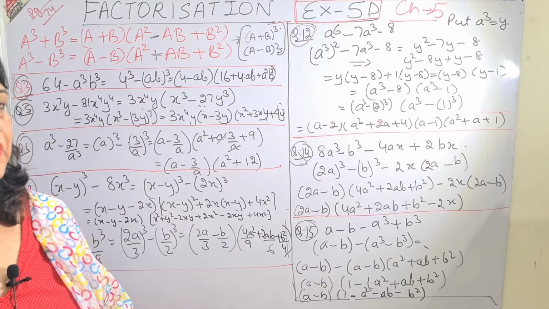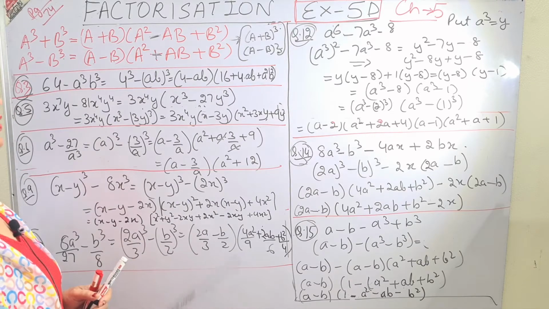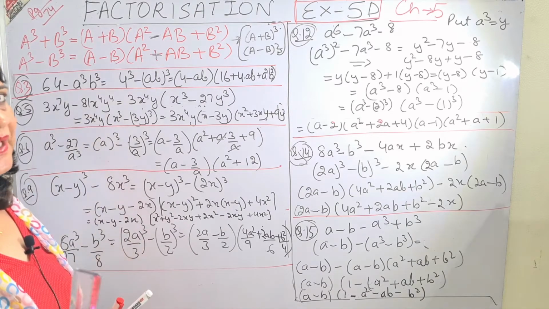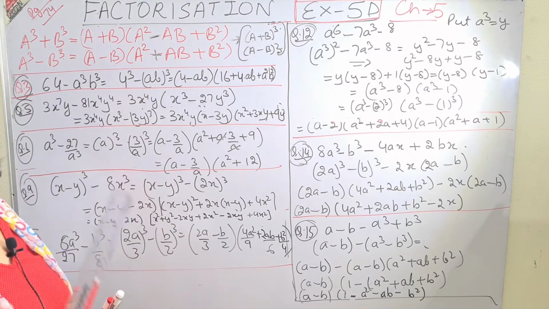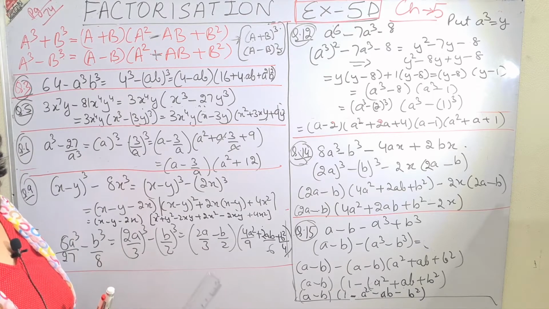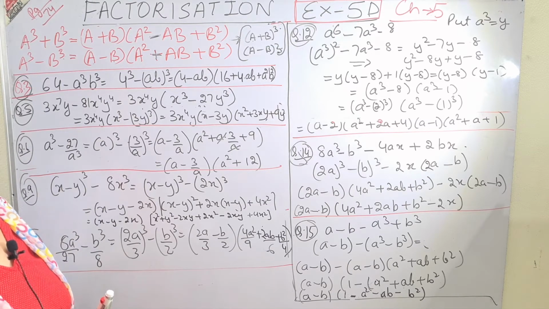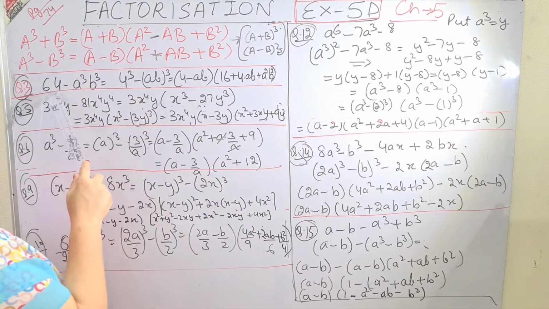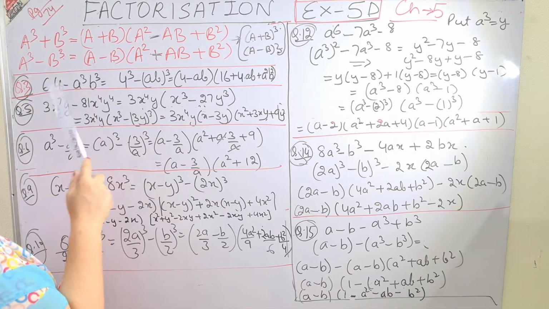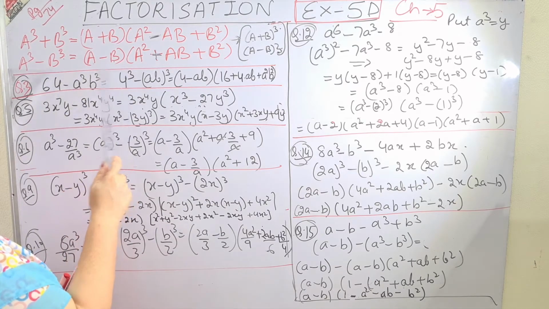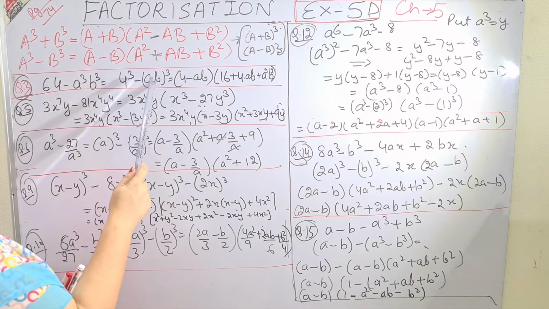Now, what I will do, same as I did in exercise C, where I was making A whole square, B whole square, here I will make A whole cube, B whole cube. For example, see 64 minus A cube B cube. 64 I can write as 4 whole cube. A cube B cube I can write as (AB) whole cube.